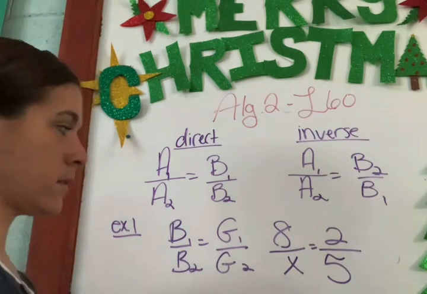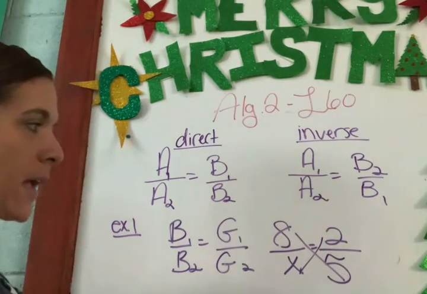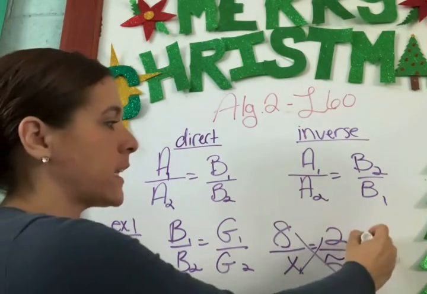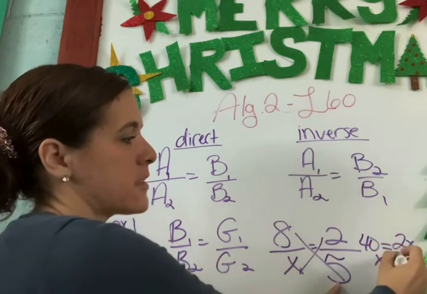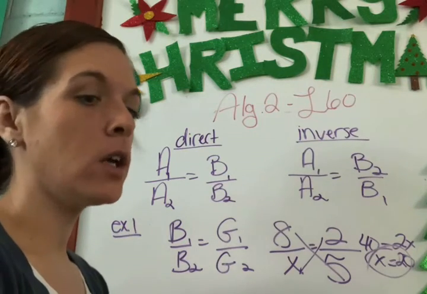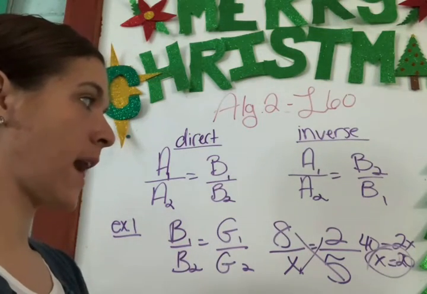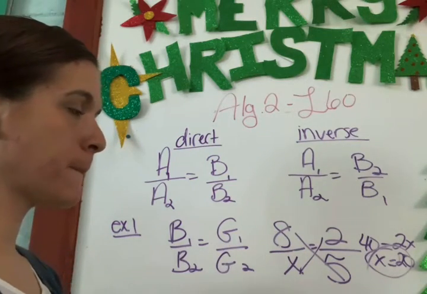That's X, or B, whatever you want to call it. Crisscross and multiply. You have 8 times 5 is 40 equals X times 2 is 2X, so X is 20. There's your answer: 20 boys in that room, because it's a direct proportion.